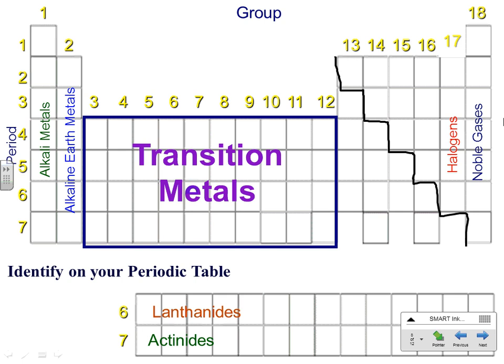I don't know how you would do that. You could maybe put an arrow to that side and an arrow to that side, and then say metalloids. Does that make sense? Does that kind of cover what we're talking about? It includes those guys that are on both sides of it.